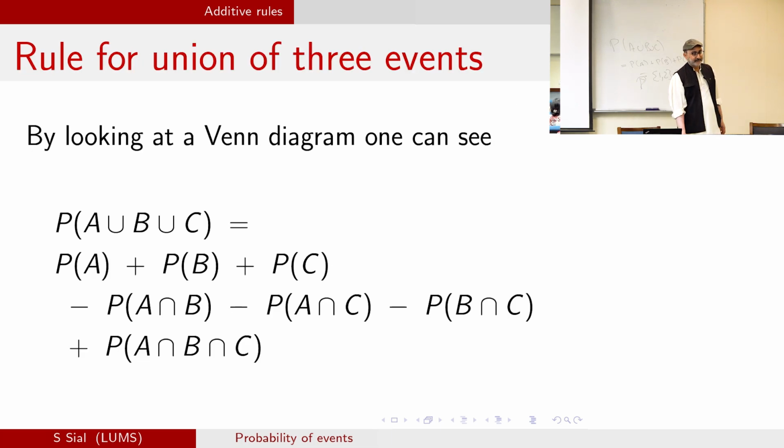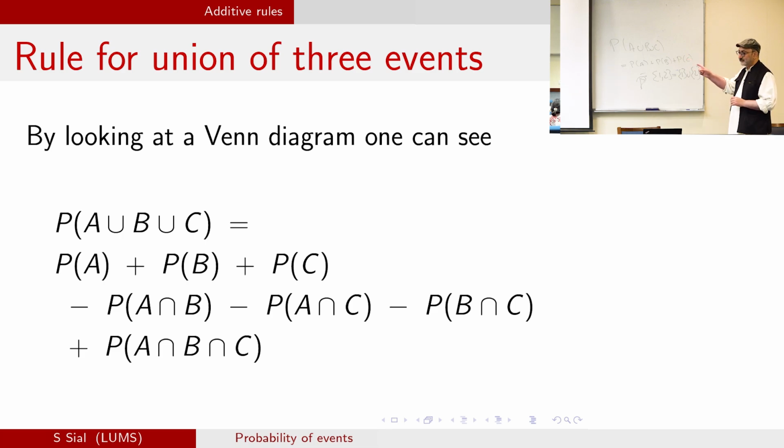What about if we have 3 events and we want the probability of their union? Well, it's the probability of A plus the probability of B plus the probability of C minus the probability of the intersections of 2, all the possible intersections of 2 of the events. Okay?